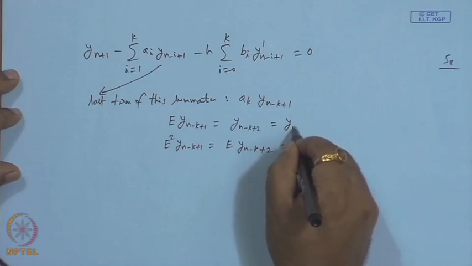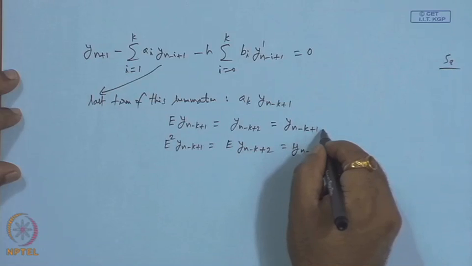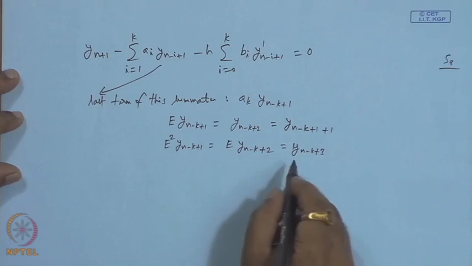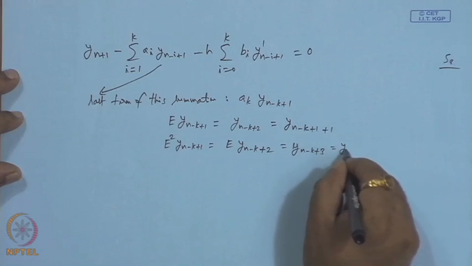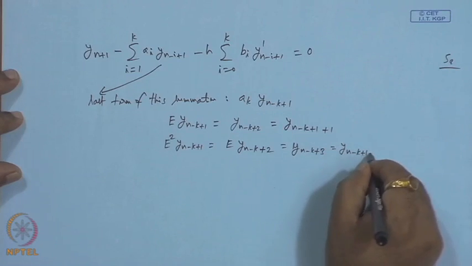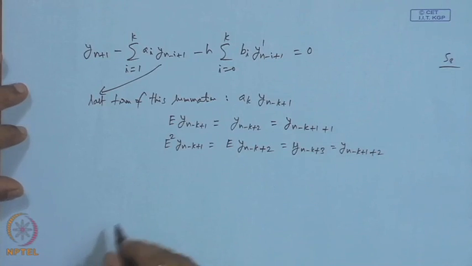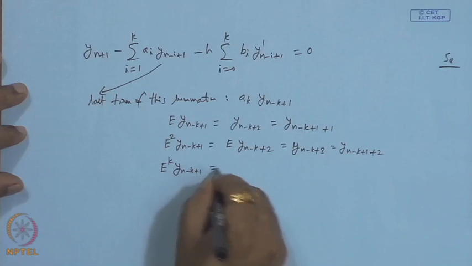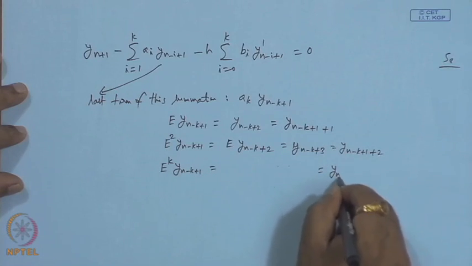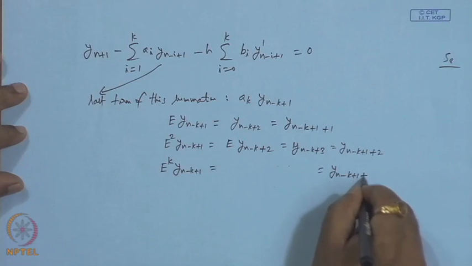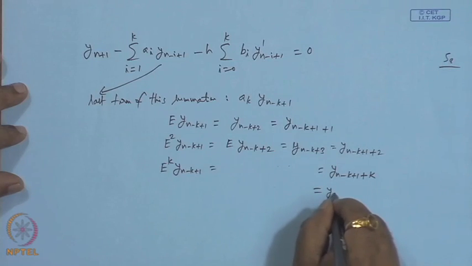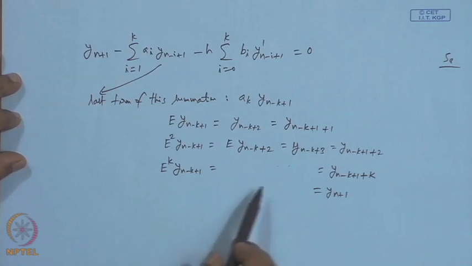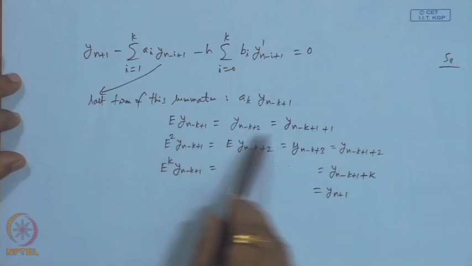So, this is like this. E k. If you do the intermediate steps, did you get this?